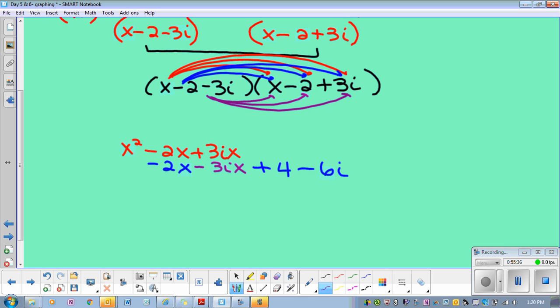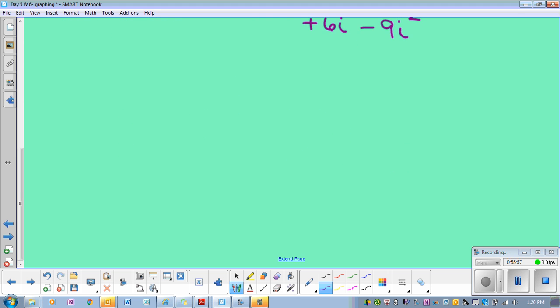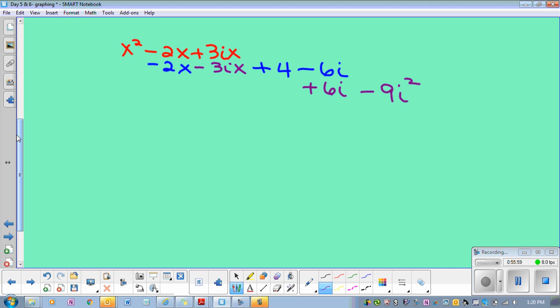Negative 3i times negative 2 is positive 6i. Negative 3i times 3i is negative 9i squared. I know, so crazy. How is a negative times a positive...? All right, so negative now positive.